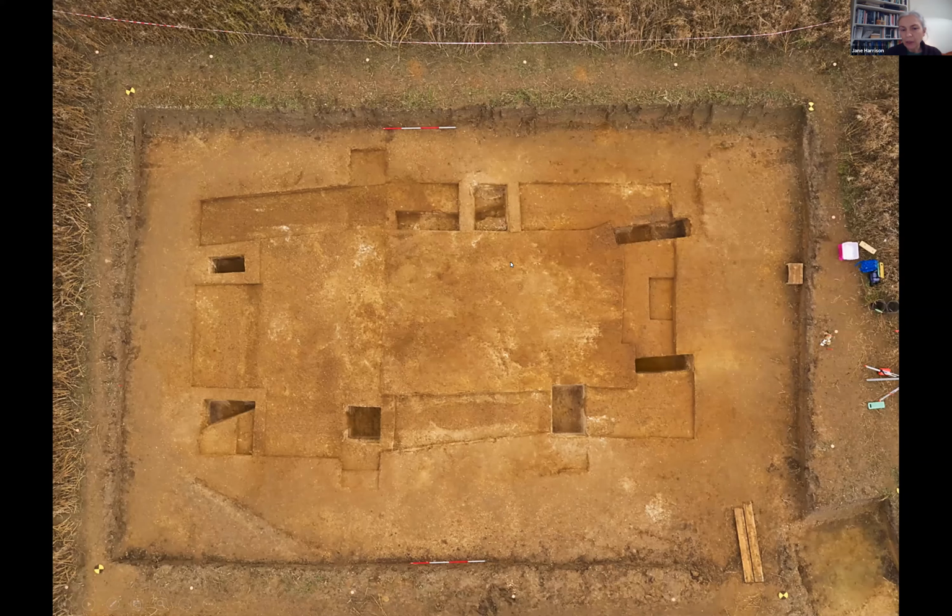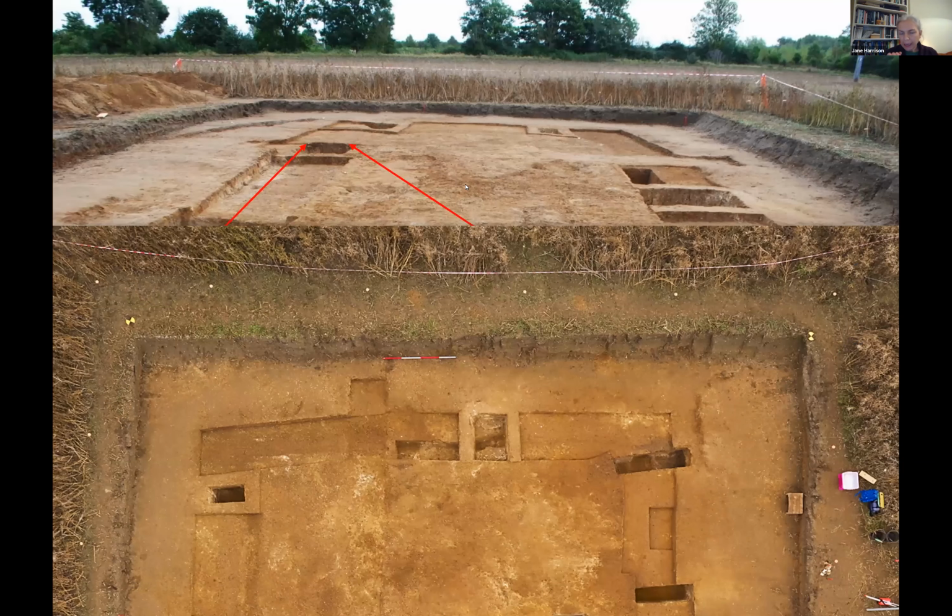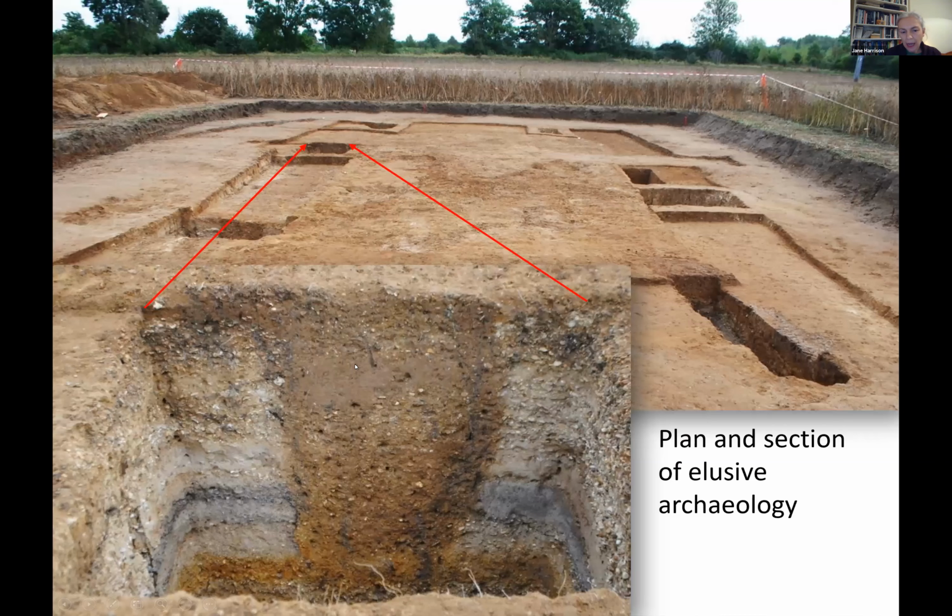And then we've gone down deep in these boxes to look at the profile of the wall trenches, because it was almost impossible to just dig out the fill of the ditches because of this complication of rising and falling water table and what that had done to the archaeology. So you can see here, that's looking across that site, and this is what you can see in the section, in the vertical profile of one of those boxes.